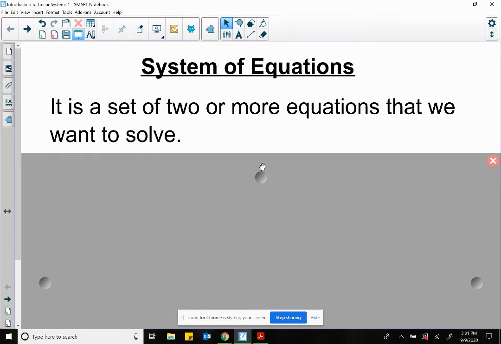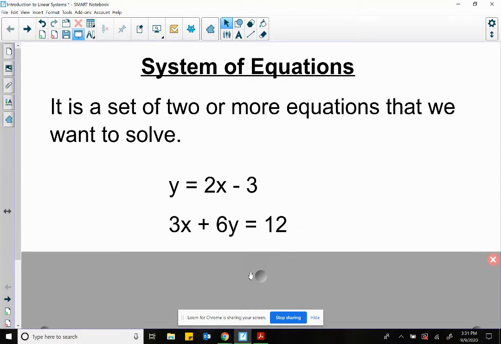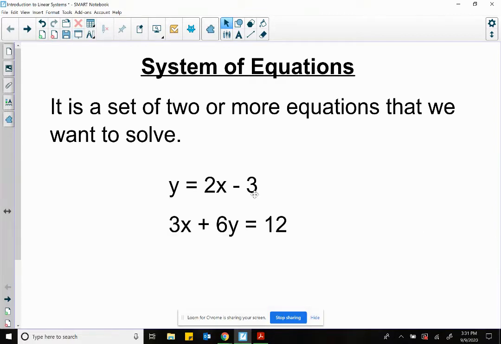Okay. Show you an example of what a linear system looks like and what we're going to be dealing with. Here they are. So I've given you two equations. One of them is in standard form, which is the 3x plus 6y equal to 12. And one of them is in slope-intercept form, which is the y equal to 2x minus 3. And so this is what our systems are going to look like.